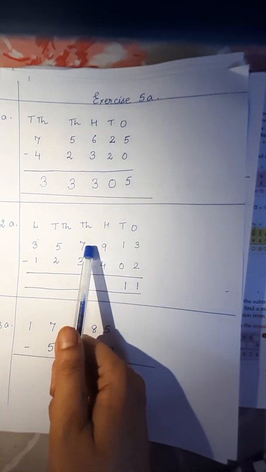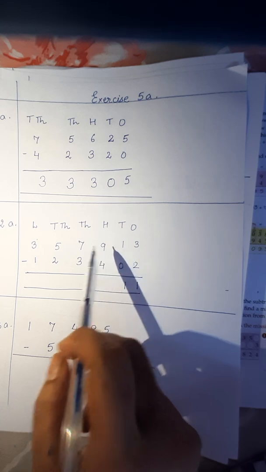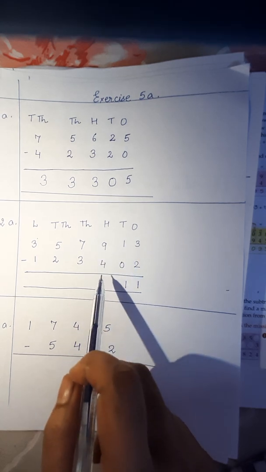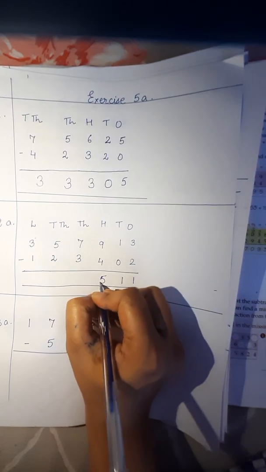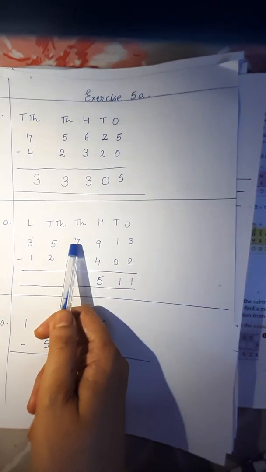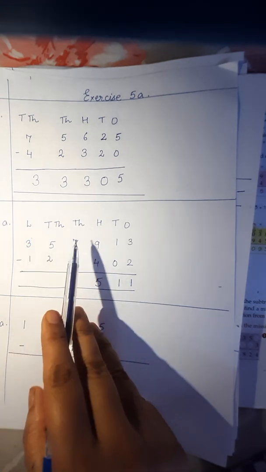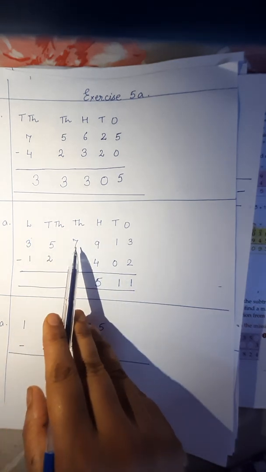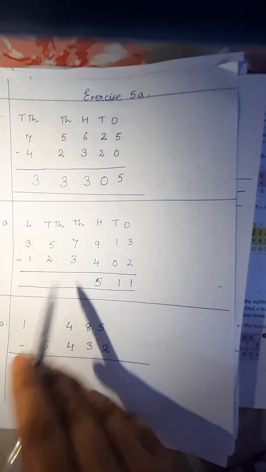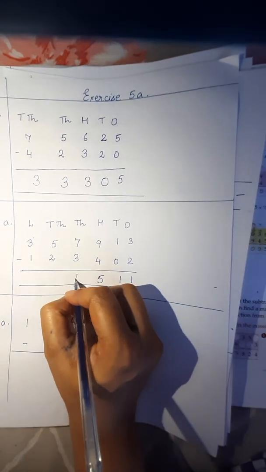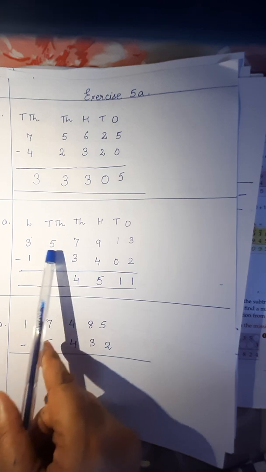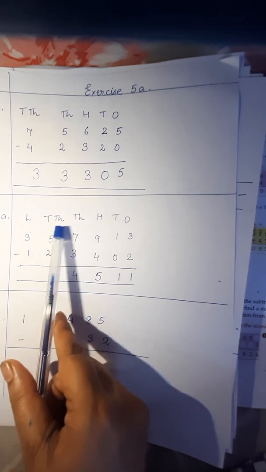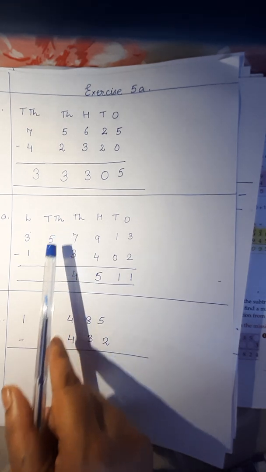Then move to hundreds place or column. Here we have 9 and 4. When 4 is subtracted from 9, you will get 5. So 9 minus 4 is 5. Then move to thousands place. Here we have 7 and 3. 7 minus 3 will give you 4. Then just move to 10,000s place. At 10,000s place we have digits 5 and 2.